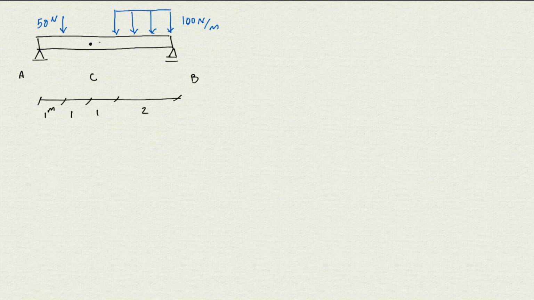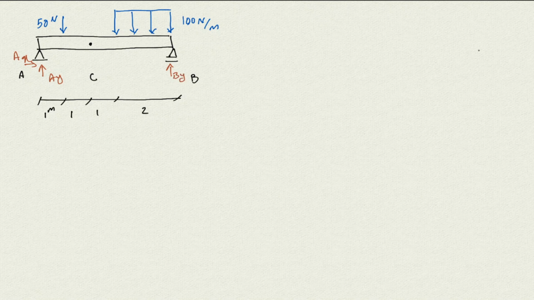So here I will consider the entire body as it is, and I will find the reaction. If I had the entire body, I would have here AY and AX, and then here I have BY.